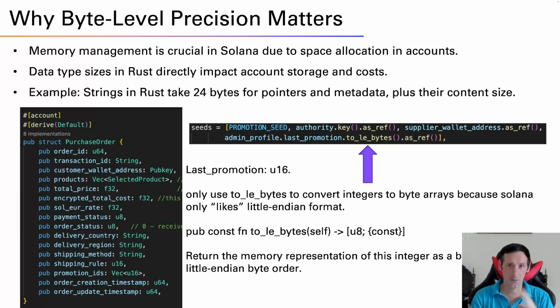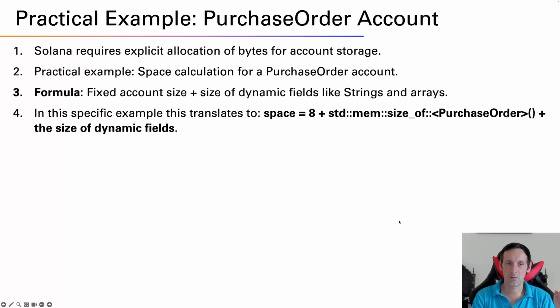A lot of the errors that you're going to experience are due to incorrect encoding or incorrect conversion from your native data types to the byte array that you need to send. So let's go to the next slide now.